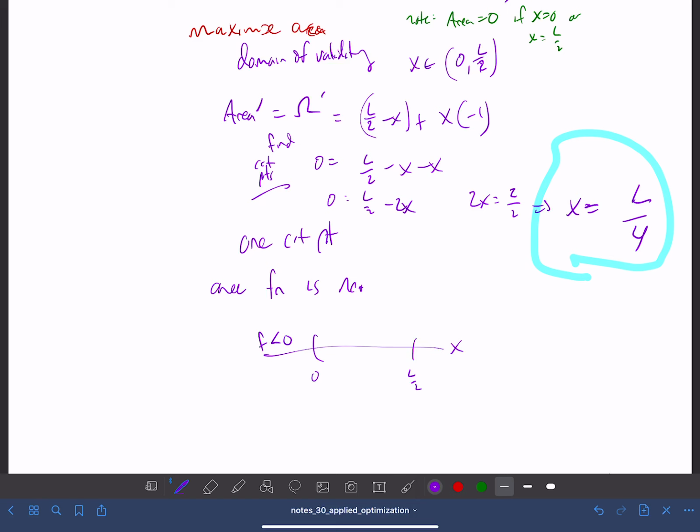F is less than 0, f is bigger than 0, and my critical point that I found is right here, L over 4. Which means that my function looks like this.